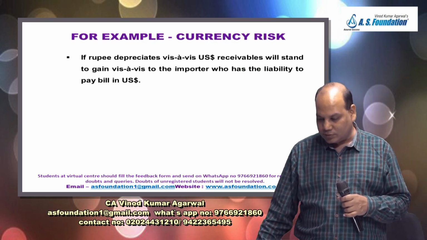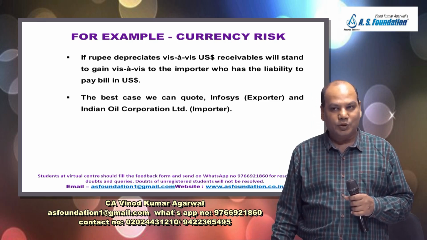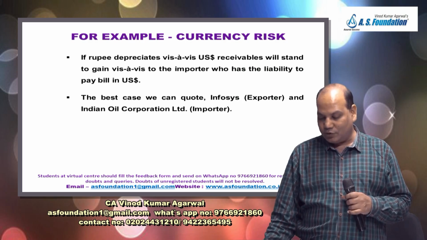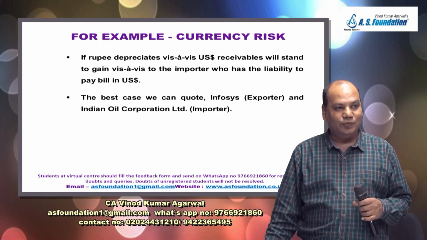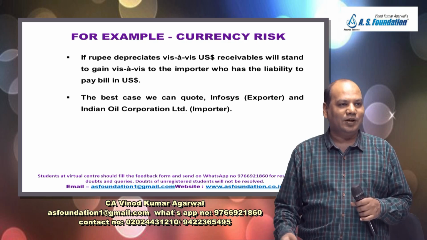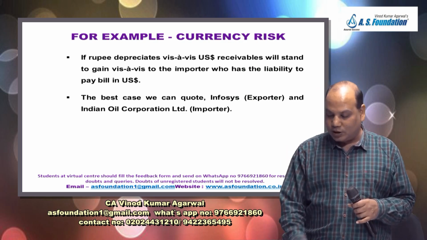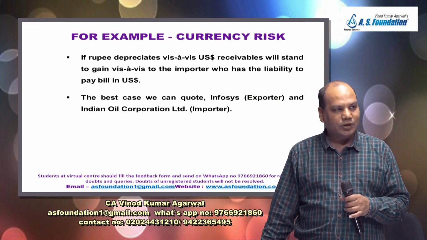That is currency risk. It may affect you positively and negatively also. Exporters benefit when the exchange rate goes up. For example, Infosys is happy, dancing with joy when exchange rate moves from 60 to 70, because now for every dollar they get 10 rupees more. But importers like Indian Oil Corporation, who import crude oil, they suffer.